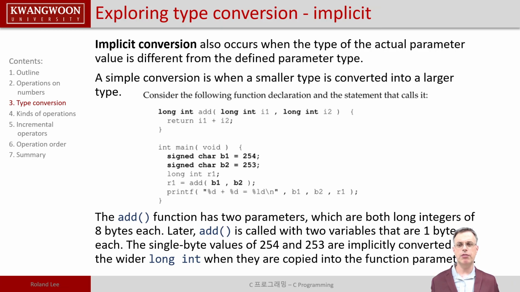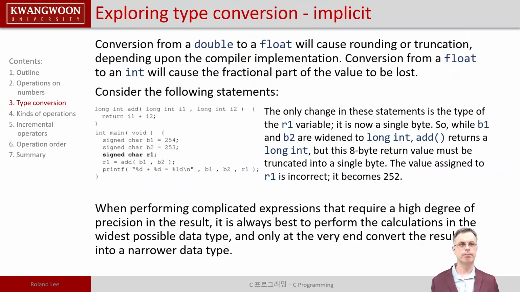In the subtraction of a double, so 8 bytes, from a short, 2 bytes, conversion happens on the short. So first it is converted into a long, 8 bytes, and then it is converted into a double, 8 bytes. The implicit result of the expression would be a double.